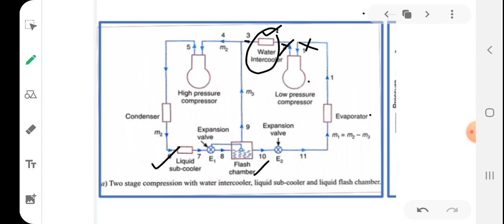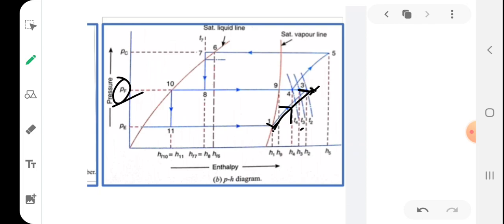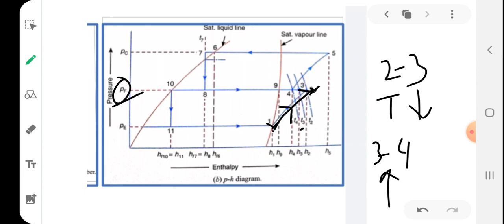A stream from the flash chamber is coming and getting mixed with the water intercooler outlet. It is getting desuperheated to a lower temperature. From 2 to 3, the temperature is getting lower, which means it is desuperheated. Between 3 and 4, a mixture is getting added.